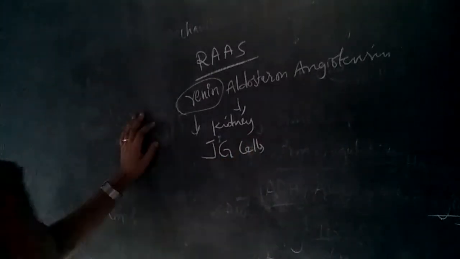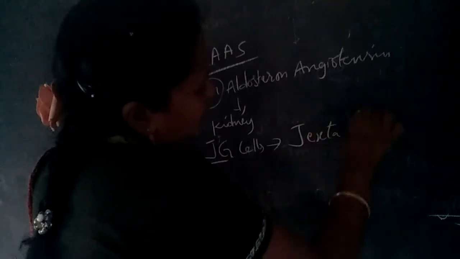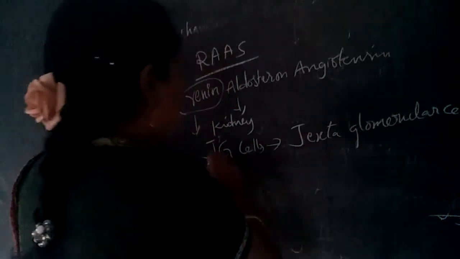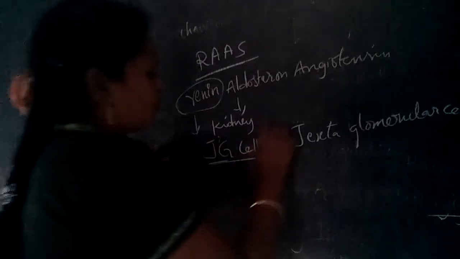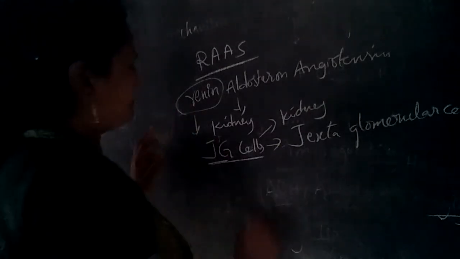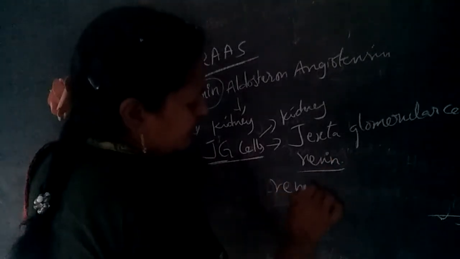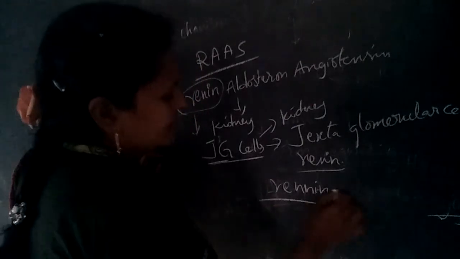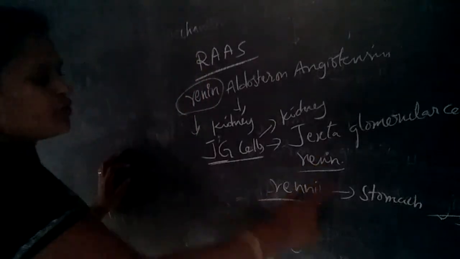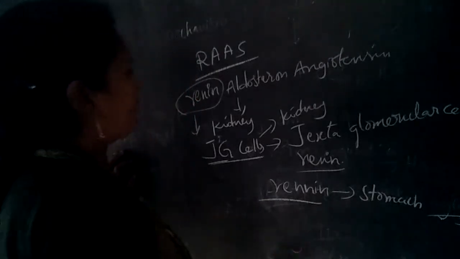Renin is produced by the JG cells of the kidney, and renin is also produced by the stomach.